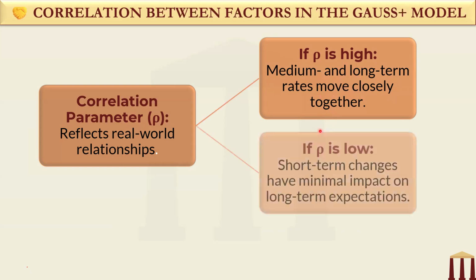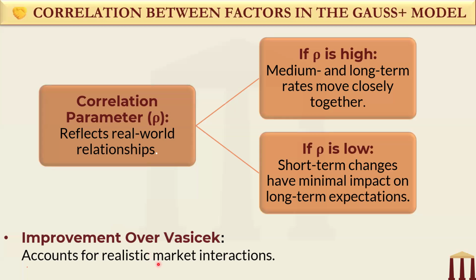Okay, but if rho is low, then short term changes have minimal, either little or no, impact on long term expectations. So this feature actually allows the Gauss plus model to reflect real world dynamics, unlike the Vasicek model.